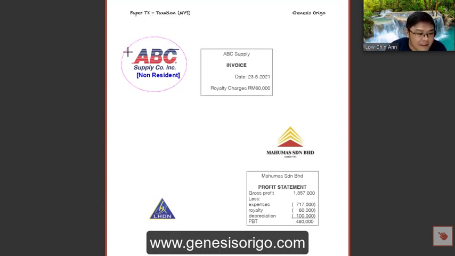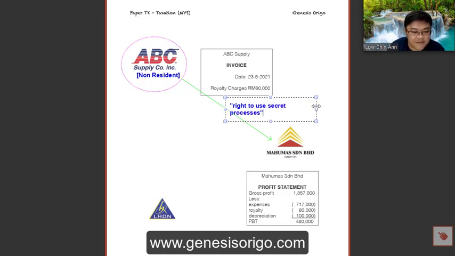And what ABC is doing is granting, let's say, the right to use secret processes. So they say we have this very special formula to mix whatever thing, and we're going to let you use it.